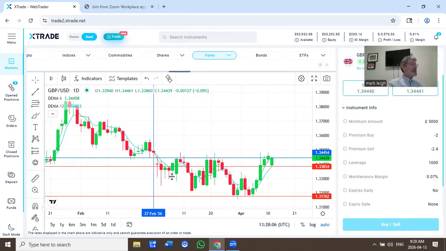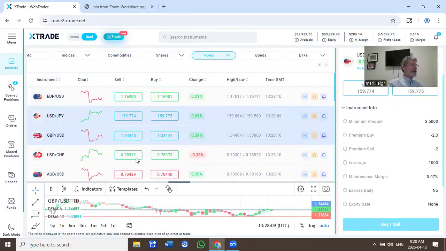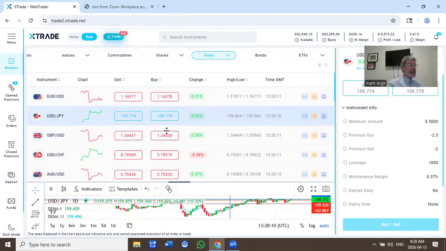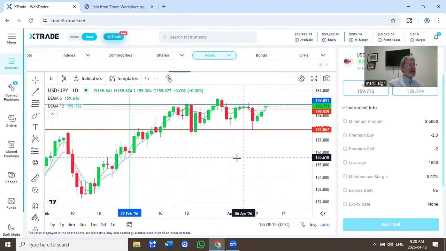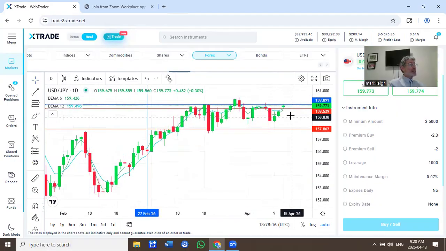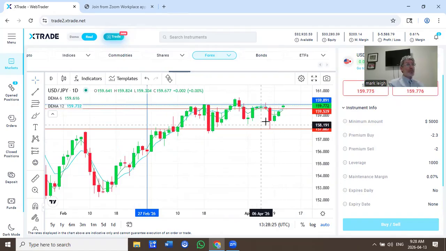US dollar against the, not the Canadian, the US dollar against the yen. Bit of a different picture over here. Here you see a green candlestick that's buying US dollars, selling yen. US dollar has strengthened slightly against the yen so far. I've got support at 159.53.